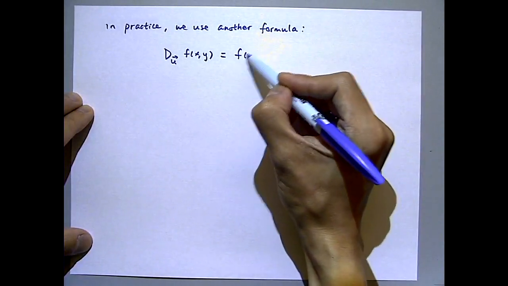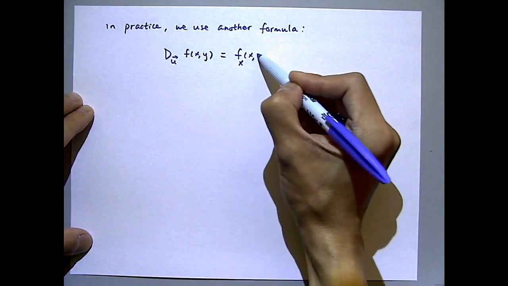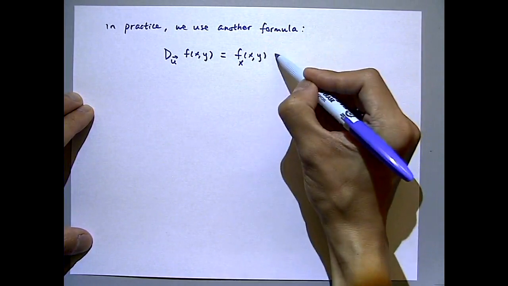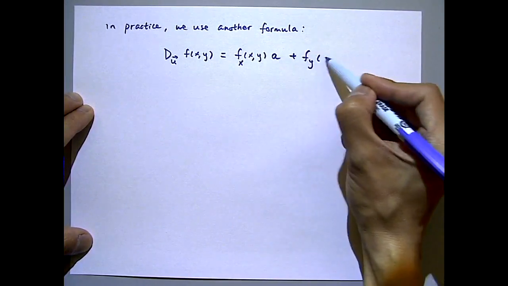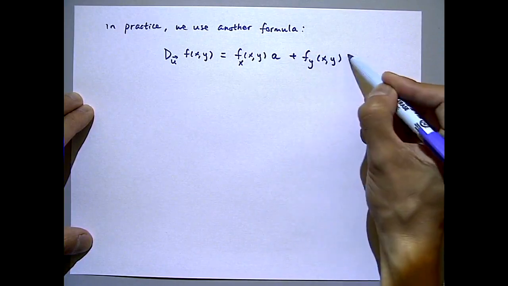So what you do is take the partial derivative with respect to x and multiply that by a, plus the partial derivative with respect to y, and multiply that by b.